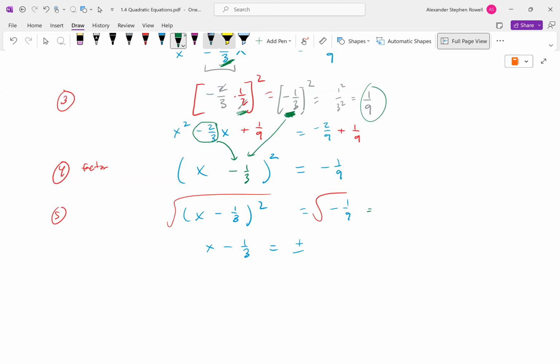All right, I'm going to write this as square root of negative 1 over 9, which is square root of 1 over 9 times square root of negative 1, which is i, right? And I'll write another more step. Square root of 1 over square root of 9, i, which is 1/3 i. And finally, we add 1/3 to both sides. 1/3 plus or minus 1/3 i.